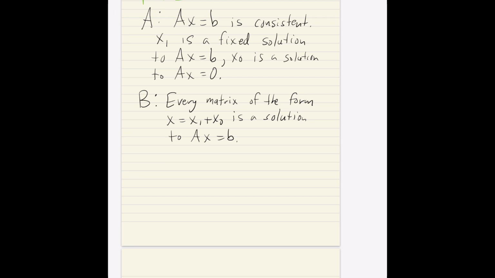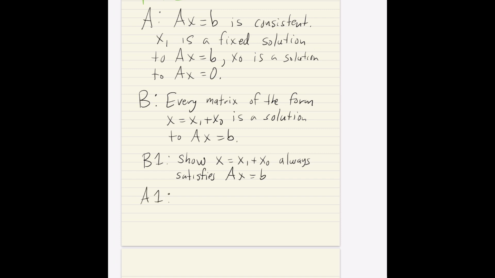Okay, this one has a very similar leading question. How do we show that every matrix is a solution? On this one I only have an A1 and a B1, and we're just going to get right to it. Starting backwards, B1, we're going to have to show that x equals x1 plus x naught always satisfies the equation AX equals B. You can take some time to develop this proof in your own way, but I'm just going through it quickly.